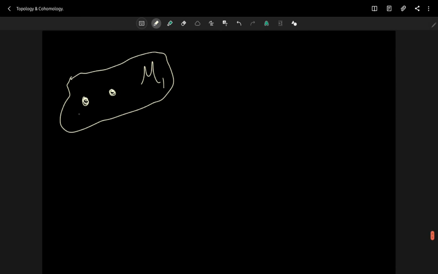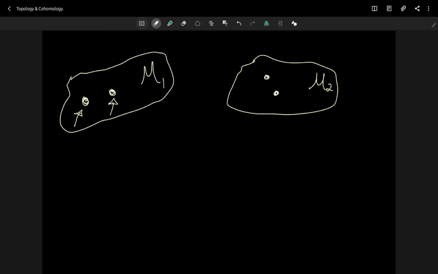Now you can use these 2 points in M1 and deform them into each other in this space M1. But if you were to have another space M2 and you have 2 points in M2, again you could deform these 2 points in M2 itself into each other.